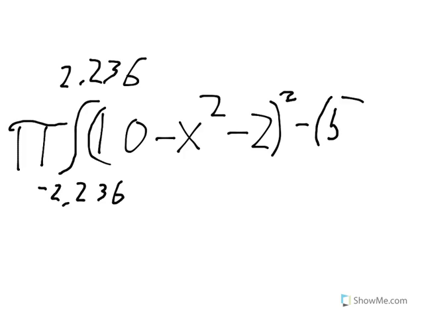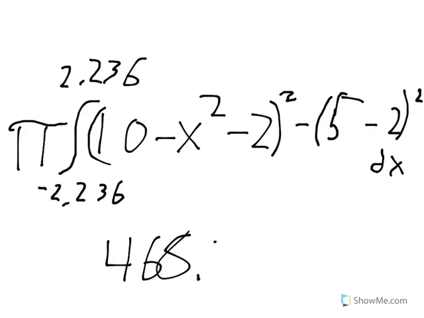Oh, remember, minus 2. We're going to square that, and it's kind of down here now, and we dx. So that's our h. So we have it all written out. Now we're going to go ahead and calculate that, and it's just going to get us 468.321.